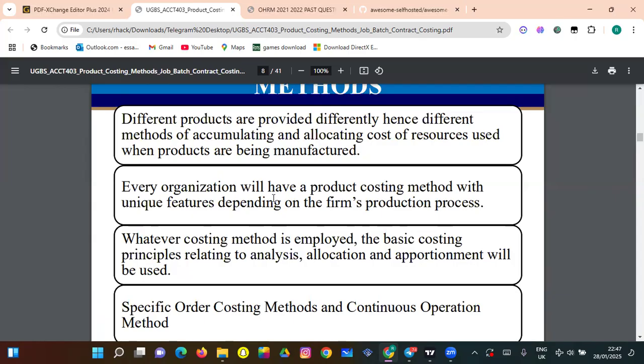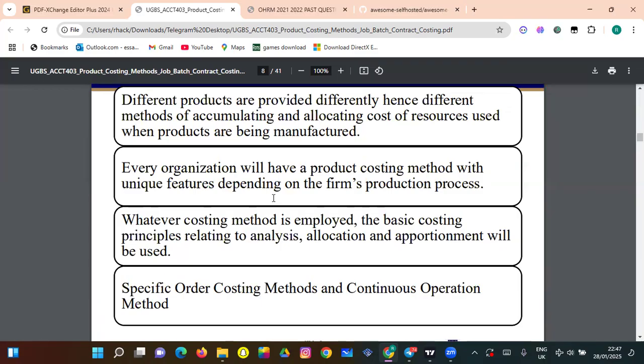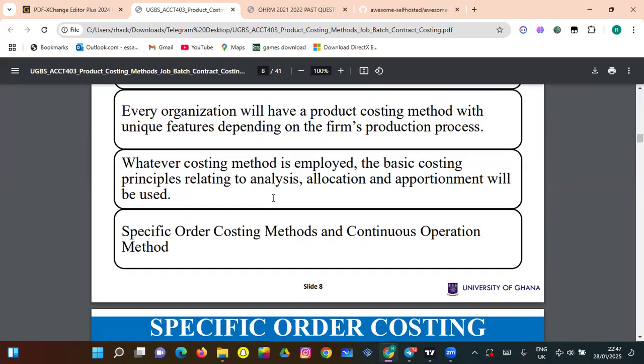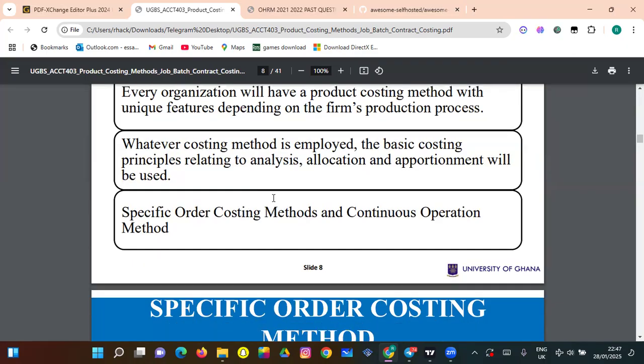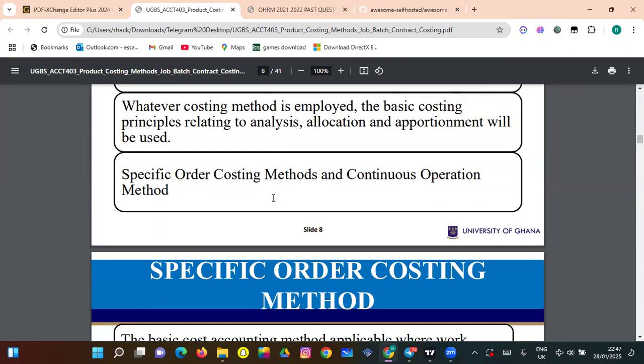Whatever costing method is employed, the basic costing principles relating to analysis, allocation, and apportionment will be used, right? So what we have been doing since the beginning of our recordings up to now, we are going to apply all in this session.